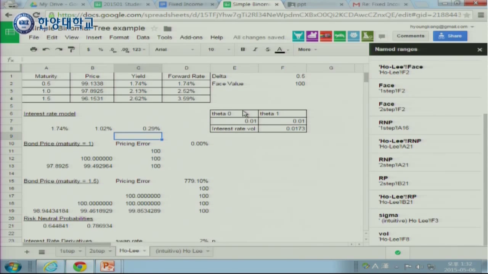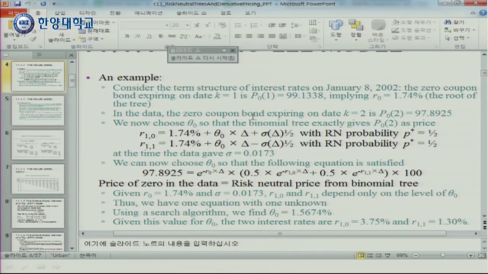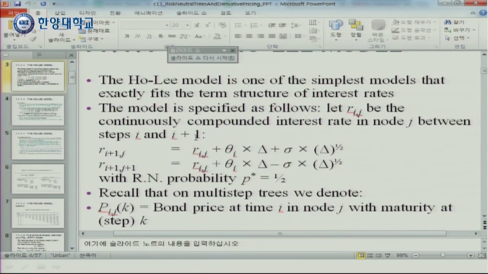What does theta mean? That is something we are going to estimate. So theta is like a predicted component, right? In the interest rate model, that's actually a good question. Rij in this model is given, and we are interested in the next period interest rate.